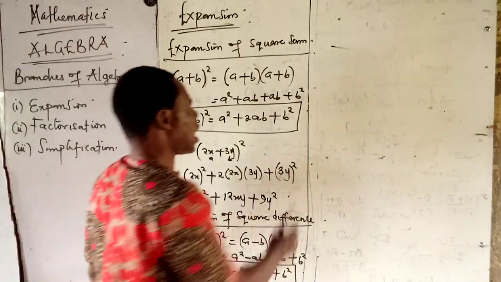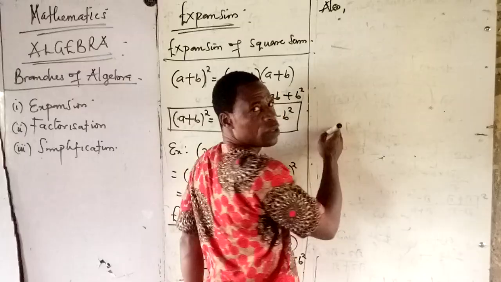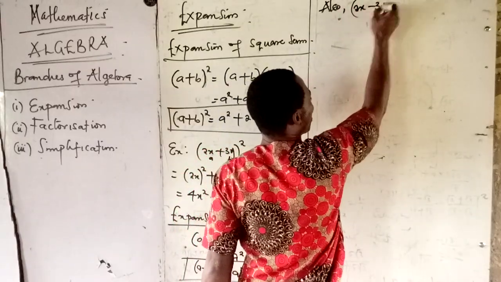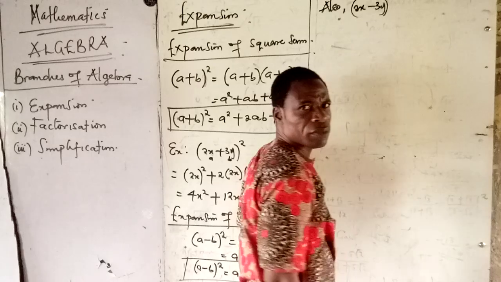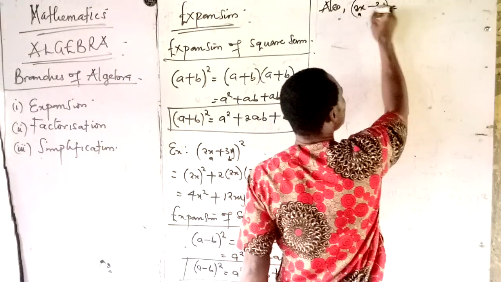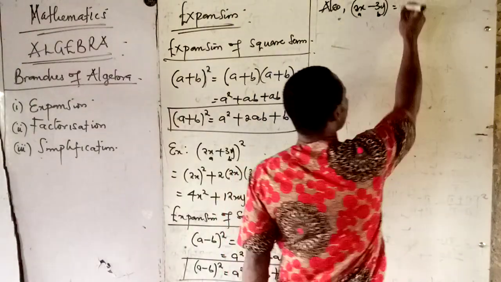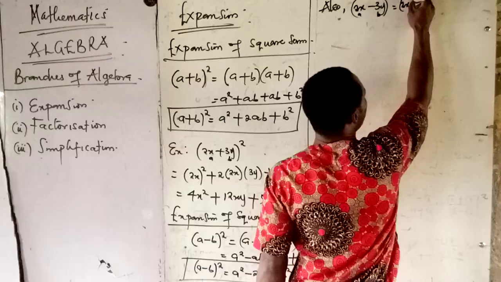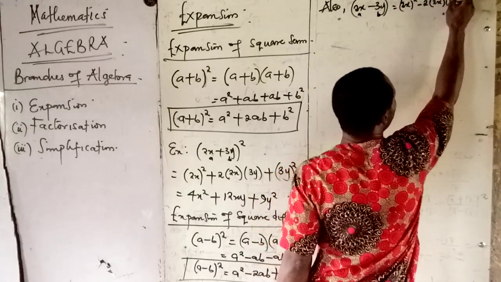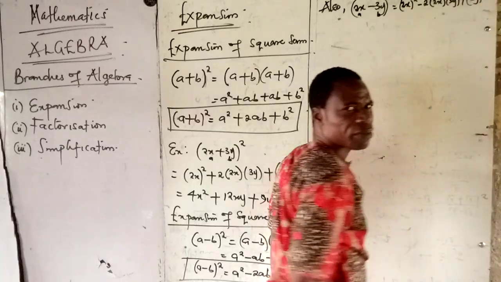Now, also, if I have 2x minus 3y all square, this is a, this is b. It means this is a square minus 2ab plus b square.